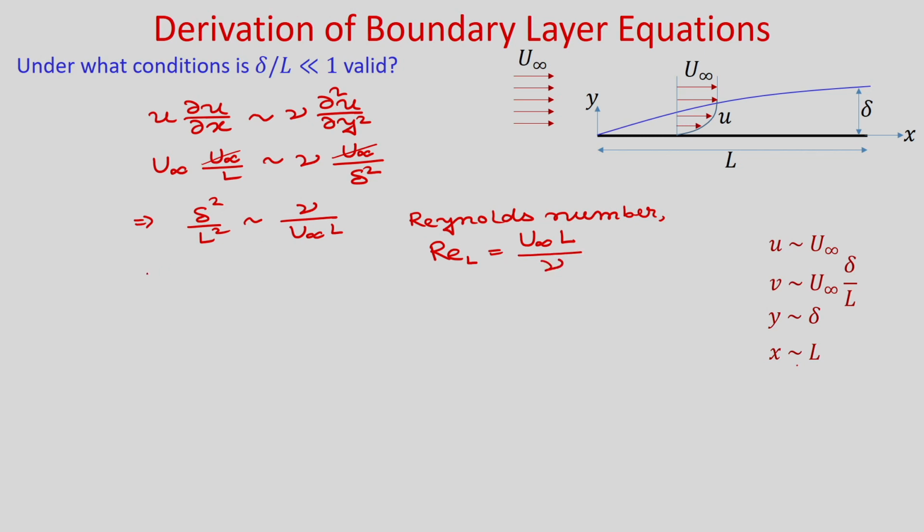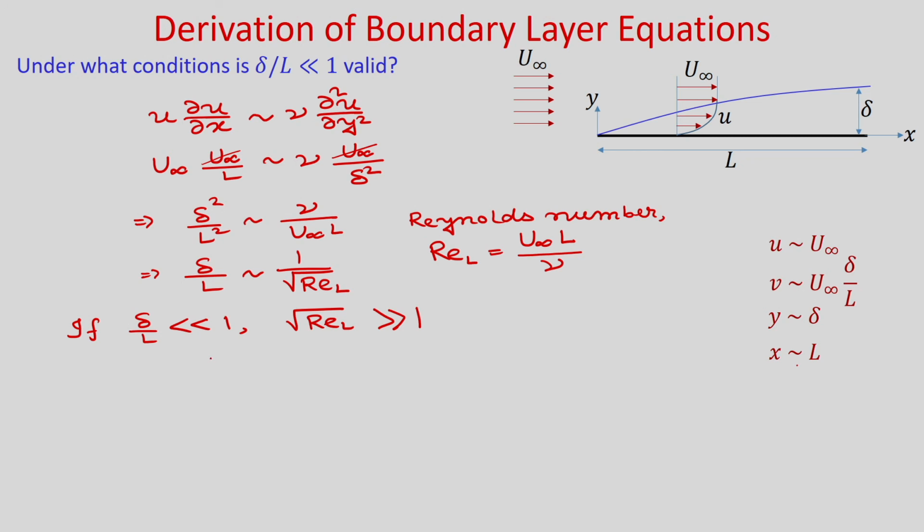So, you can see that delta by L is of the order of 1 by root Re L. If delta by L is much smaller than 1, then obviously root Re L should be much greater than 1.